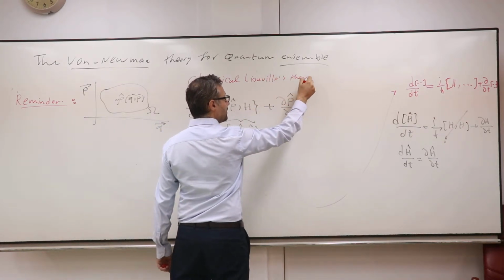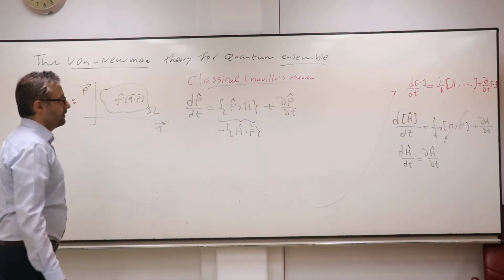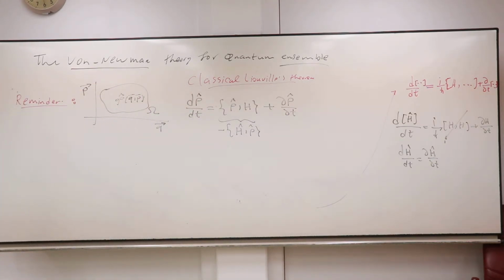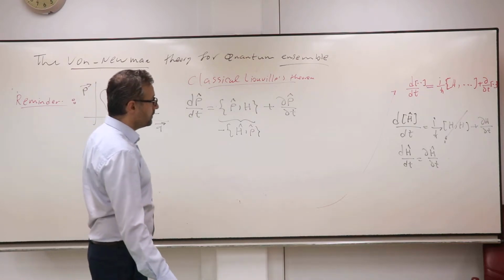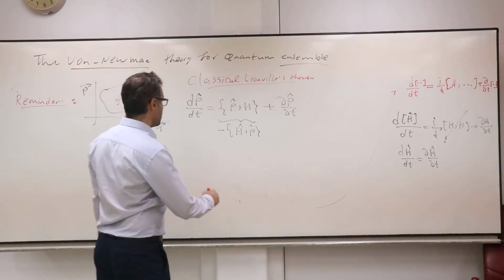This Liouville theorem is a very, very fundamental theorem in mathematical physics, not only in statistical physics, but in many disciplines. Just compare this equation with the equation of Heisenberg.